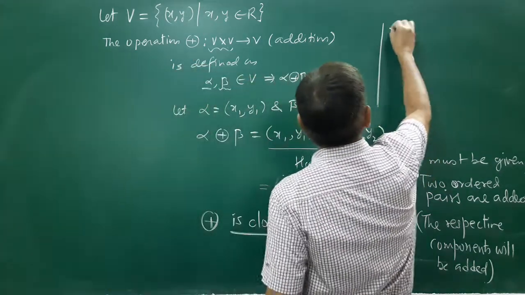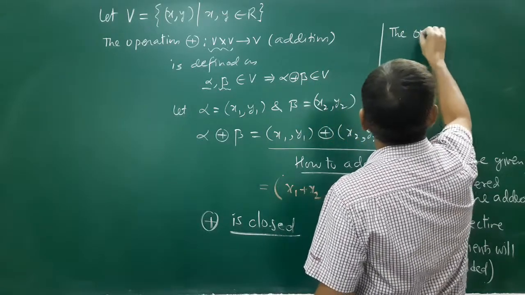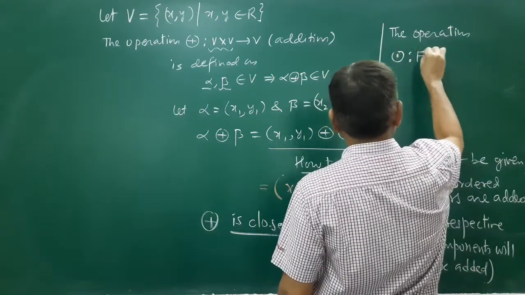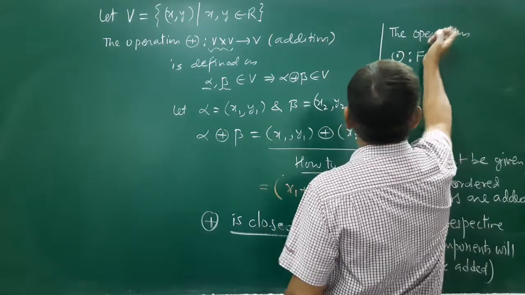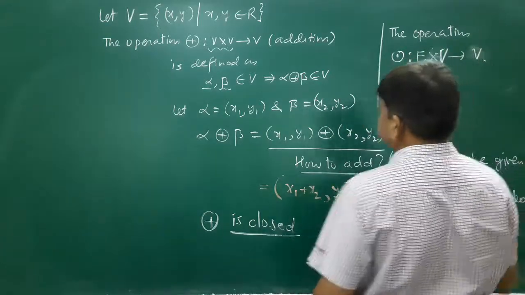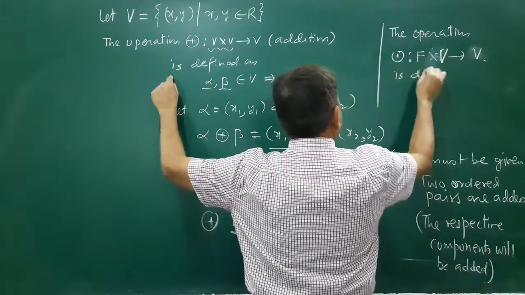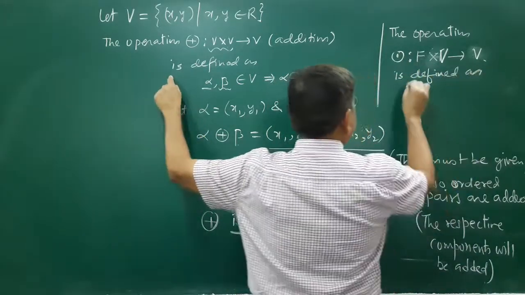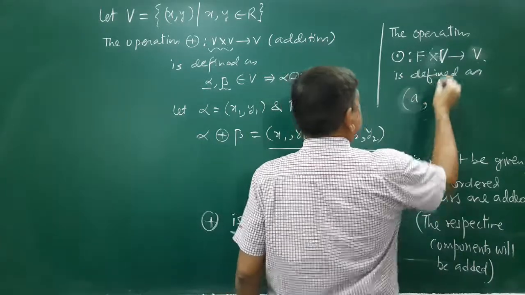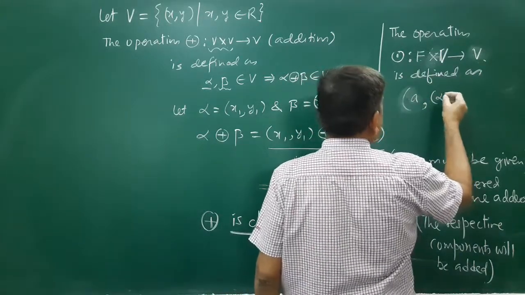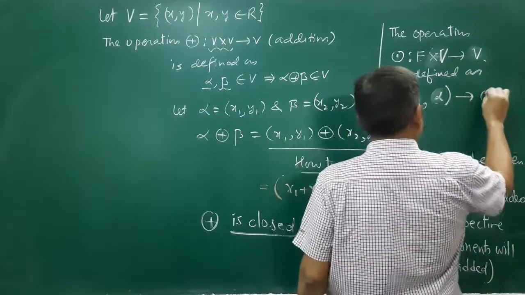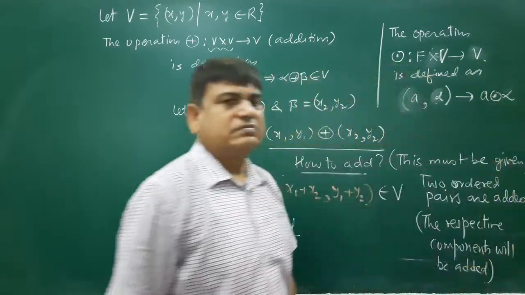The second one. The operation, this is F and here it is equals to R. Is defined as, the member of this, suppose I say alpha, then it is scalar multiplication.